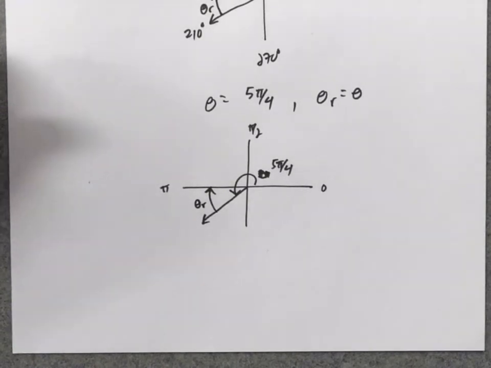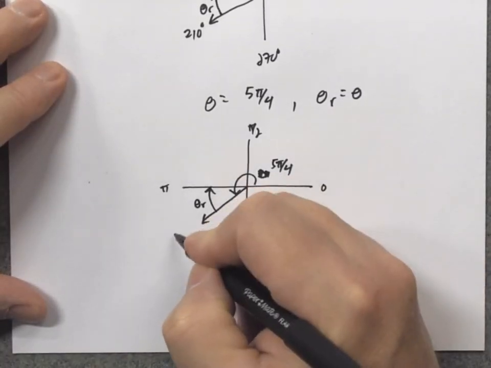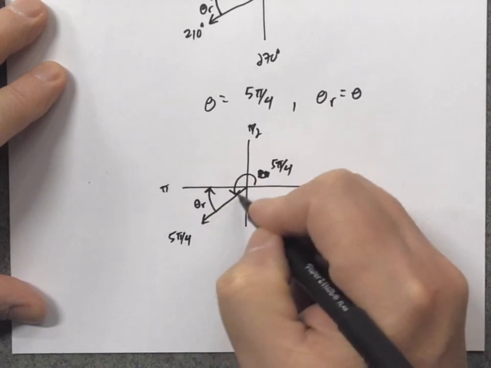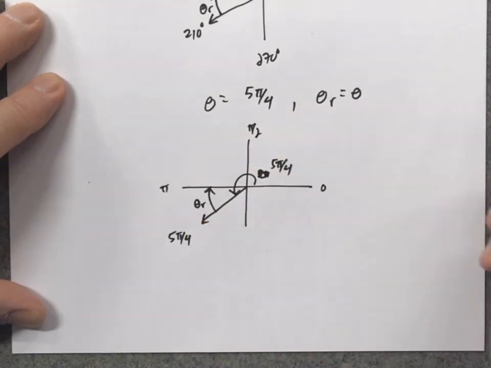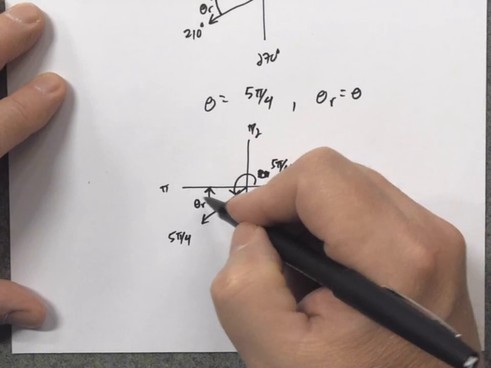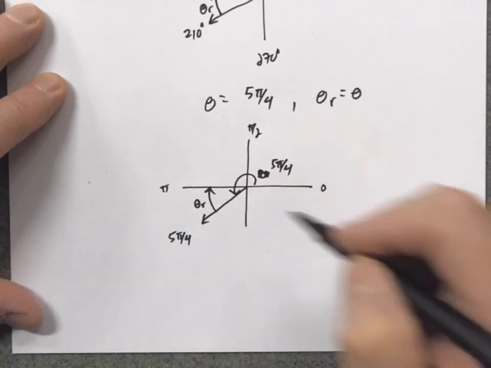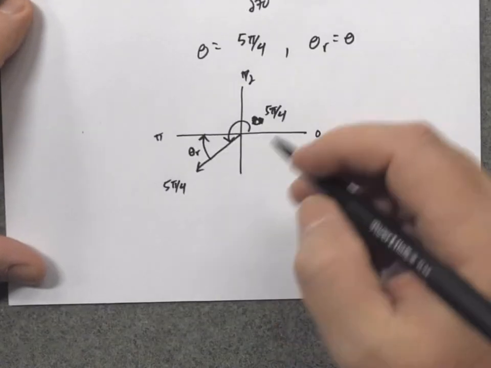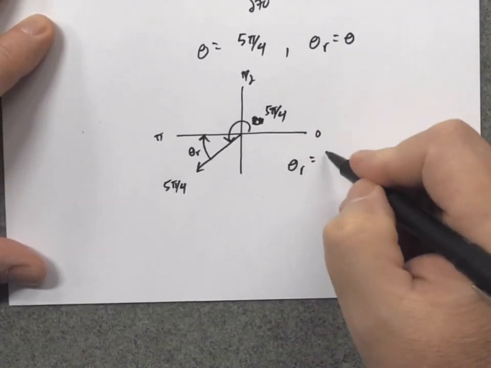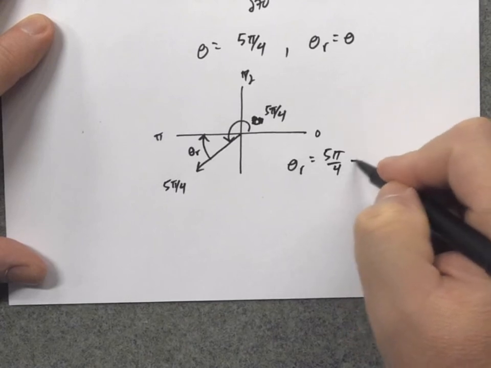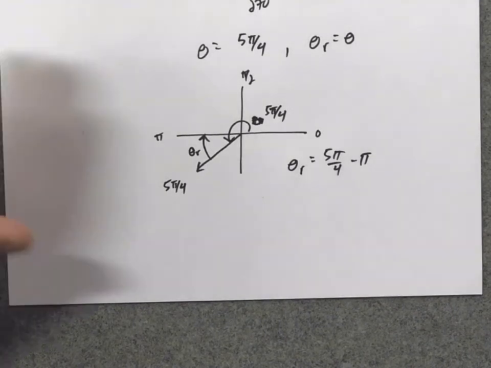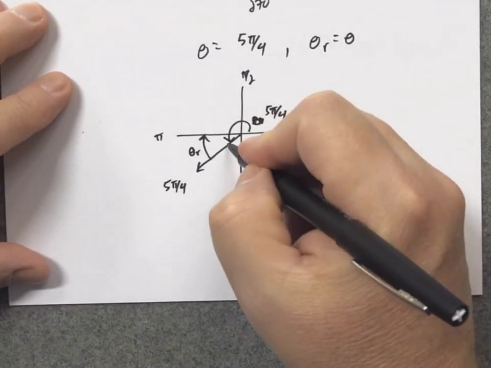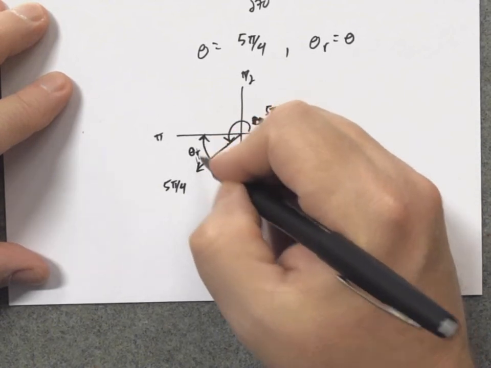But what's the actual measurement? Now here's a place where you maybe need to do a little bit of math. So let me write here, this angle is 5 pi over 4. Now this angle is pi. So my reference angle, hopefully you can see, is just the difference between pi and 5 pi over 4. I take this whole angle and I subtract this part, and that just leaves the reference angle.